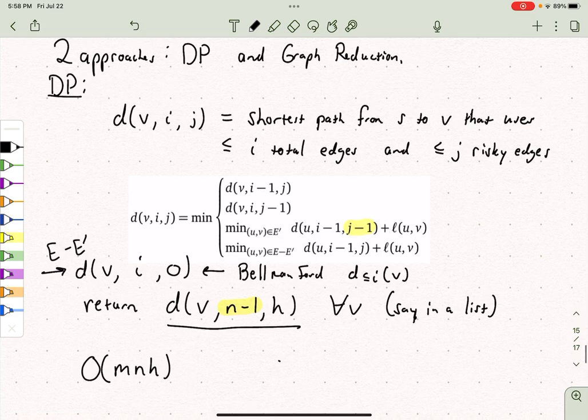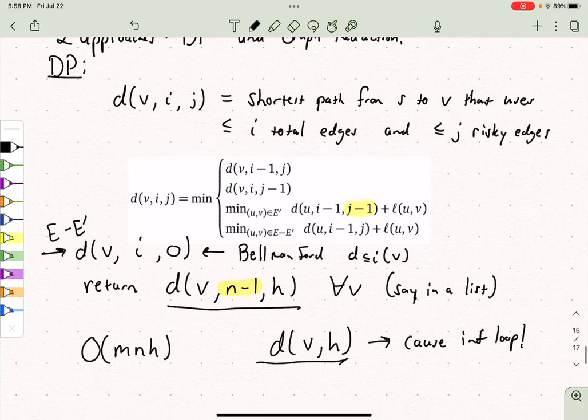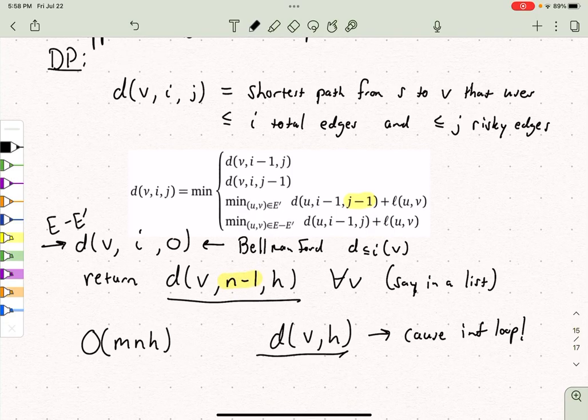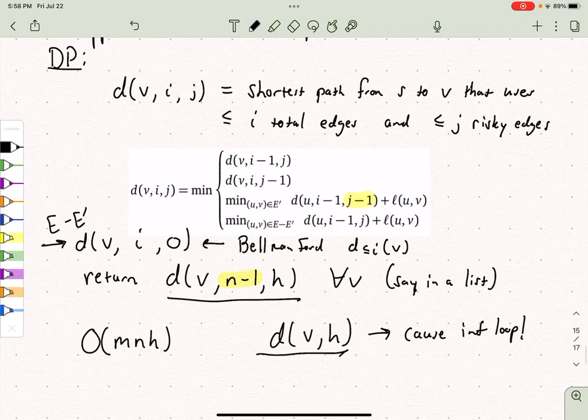So that's in particular why we couldn't do something like this, which might seem more natural because it could cause an infinite loop. And I urge you to think of formulating a version of this recursion where you use this kind of subproblem and try to think about where the infinite loop would come in. But the reason why we need it is for the same reason we did in Bellman-Ford, to avoid those infinite loops.